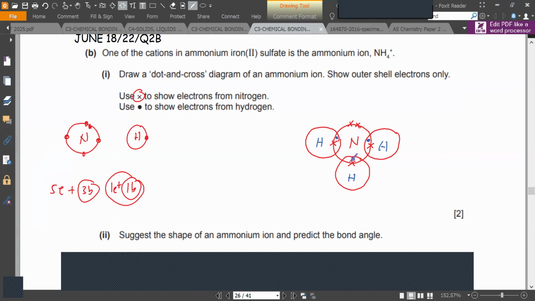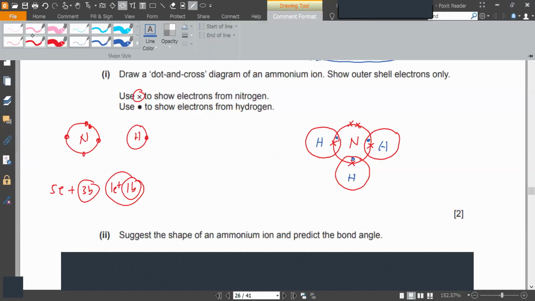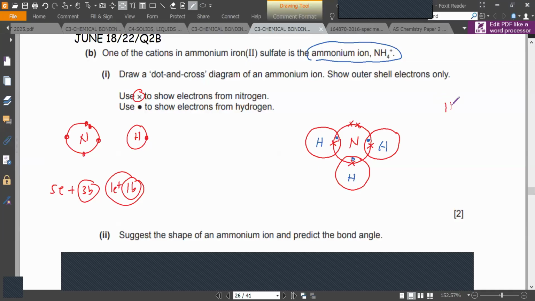So how about ammonium? Ammonium is when we have one proton comes along, which has no electrons, because it loses one electron to form the proton.